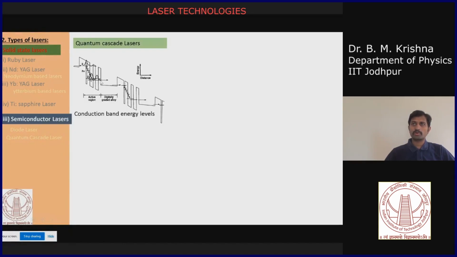Now in this case, you already have a spontaneous emission in the first period that will be triggering the electron in the excited state, so that gives you again a stimulated emission. This kind of process you repeat a couple of times. This is one period.